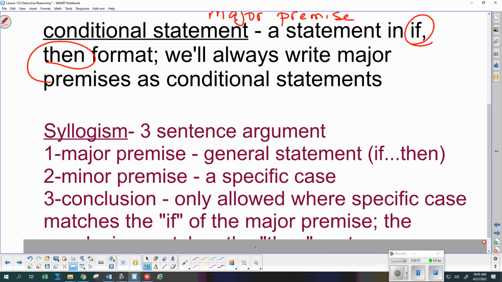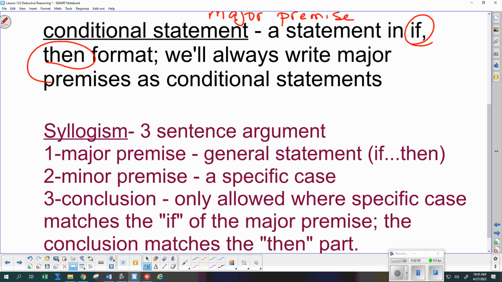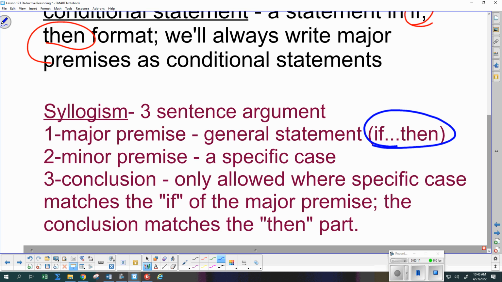So kind of repeating what I was saying up above, the major premise, sometimes called a general statement, that's the if-then. Minor one is going to be a specific case. And then we try to win our logical argument with a conclusion that fits with numbers 1 and 2.